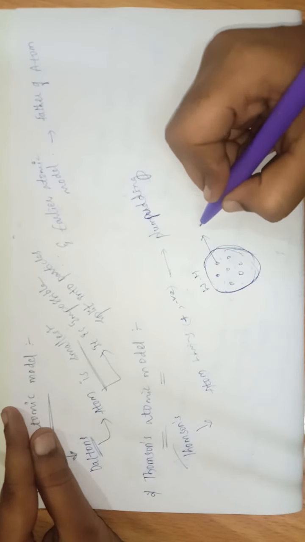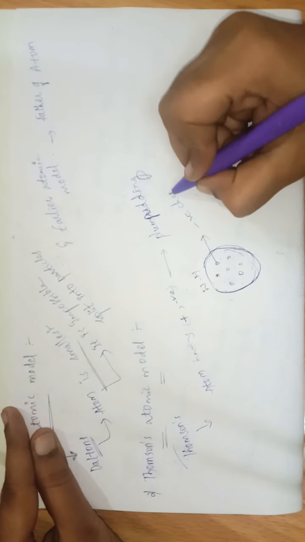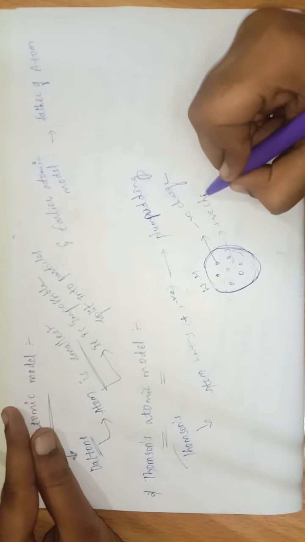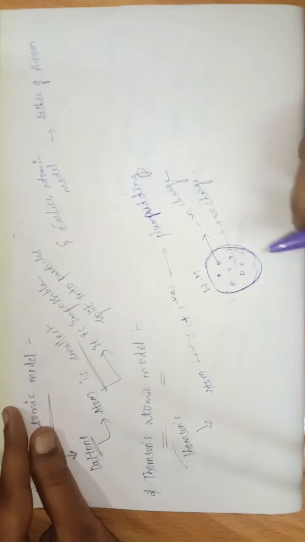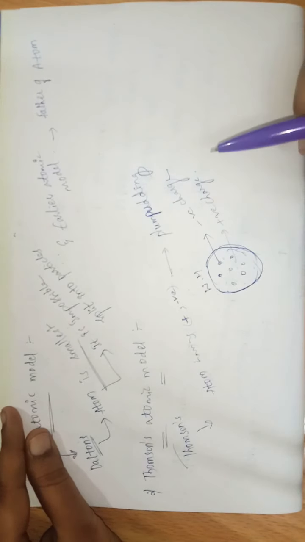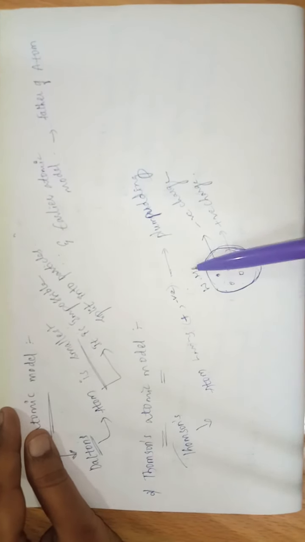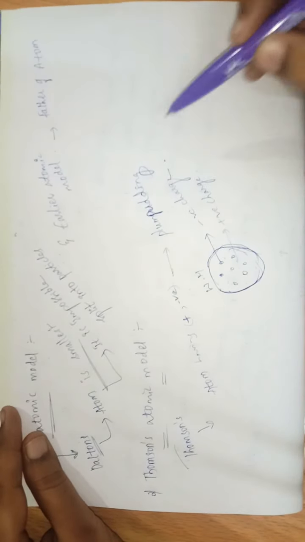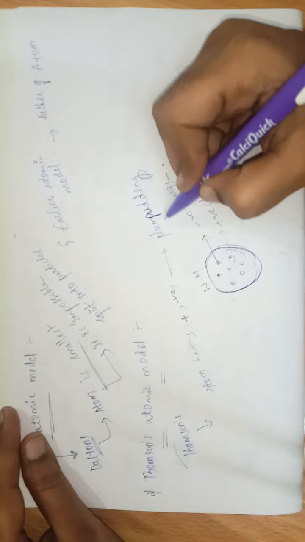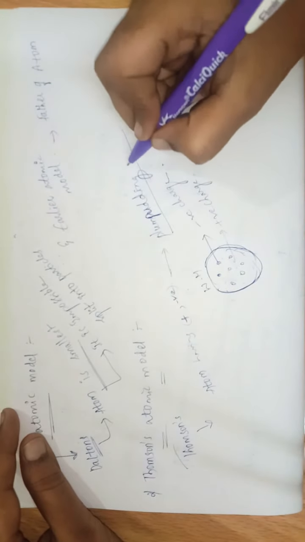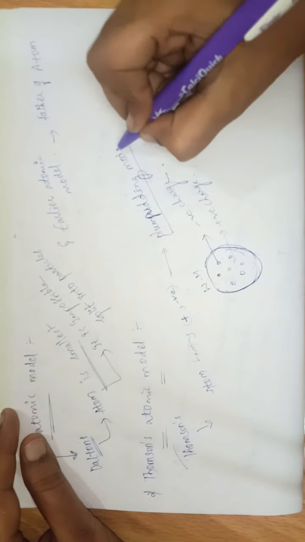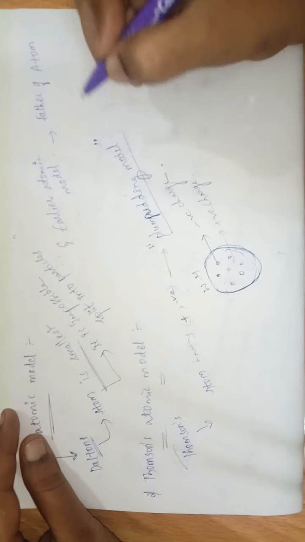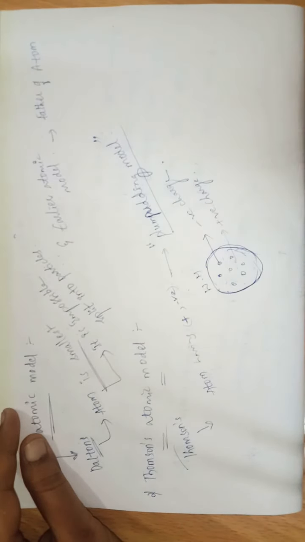He assumed seeds as negative charge and pulp as positive charge. So he said the atom is like a watermelon, having both positive and negative charges. That's why he called it a plum pudding model.